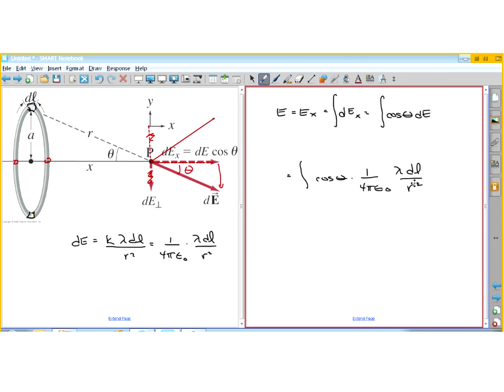So we need to write this little thing, 1 over r squared, as a function of x. So how do we do that? Well, let's first take out what we can. Lambda is a constant, defined as the charge per unit length, and all these are constants. So we get lambda over 4 pi epsilon 0, the integral of dl over r squared cosine theta.